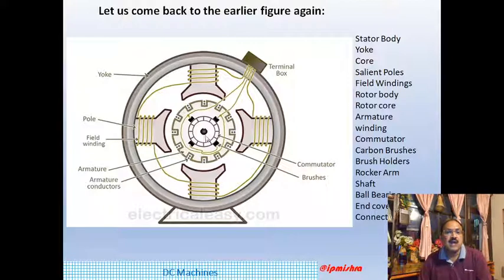Then this is a shaft over which this rotor assembly is mounted. This shaft has to rotate freely, so at both ends ball bearings are mounted, and these ball bearings are housed in end caps or end covers, which are fitted to the motor. Now this is connection box.